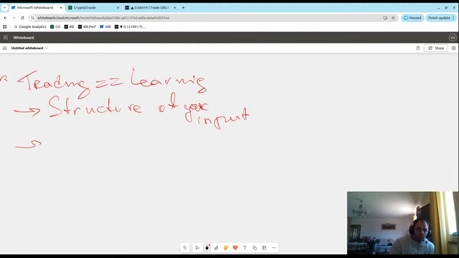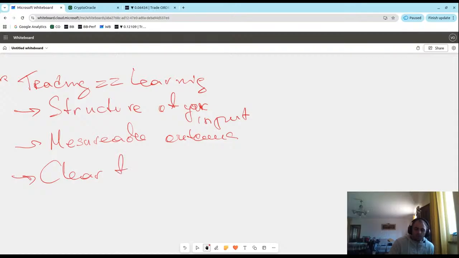Then measurable outcomes. Then clear feedback. That's an important one. Clear feedback. It would be good if somebody tells us where we have luck and where we have skill.